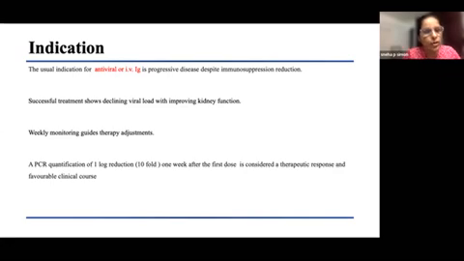The indication for antiviral or IVIG is progressive disease despite immunosuppression reduction, and successful treatment will show declining viral load and improving kidney function. So weekly monitoring of viral load is mandatory, and 1 week after starting antiviral, on adenoviral PCR quantification, a 1 log reduction is considered a therapeutic response and a favorable clinical course.